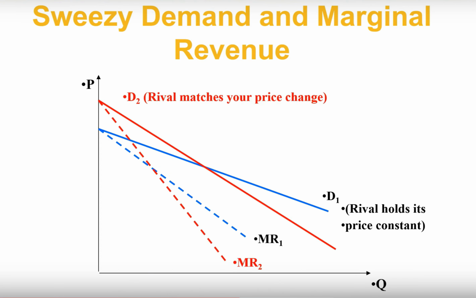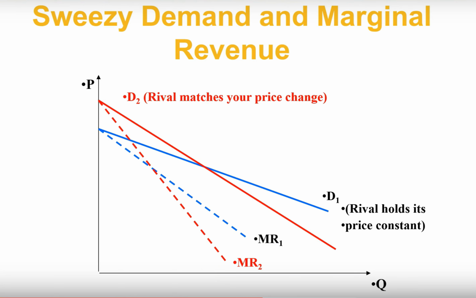Another demand curve is when our rivals will copy our price changes. When we raise price, they raise price. When we lower price, they lower price. And that means our customers are not going to be as sensitive. So this curve is relatively inelastic compared to the other curve. That's why it's relatively steep. So flat demand curve with a flat marginal revenue curve, steep demand curve with a steep marginal revenue curve.